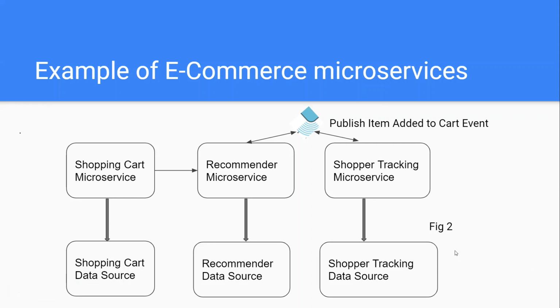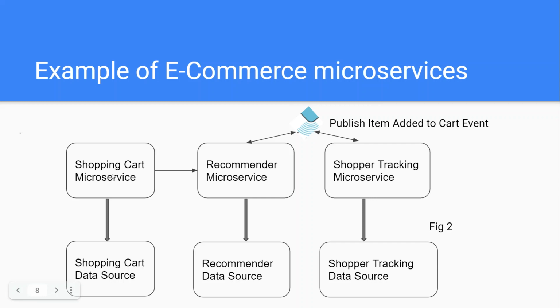These two microservices subscribe to the events from the shopping cart and take the necessary actions. These two subscribers react to the events asynchronously, outside the context of the original request.